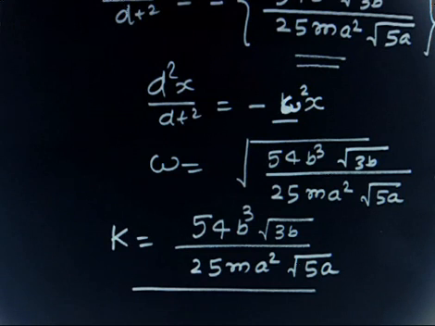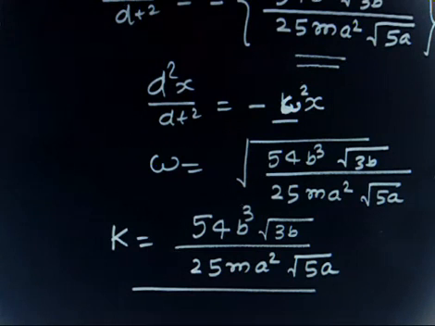Now an important point in this question is that whenever the potential energy is minimum, the force is 0, and at that point del U over del r, which in this case is only a function of r, so dU over dr should be 0. That is the condition for force to be 0, or the same condition for potential energy to be minimum, and this is the point of equilibrium.